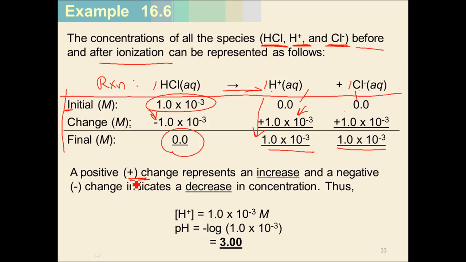The positive change reminds you that you have an increase in concentration, and the negative change indicates a decrease in concentration. In other words, the reactants are used up and the products are formed. So if the hydronium ion concentration is 1 times 10 to the minus third at equilibrium, then the pH is easy enough to calculate to be 3.